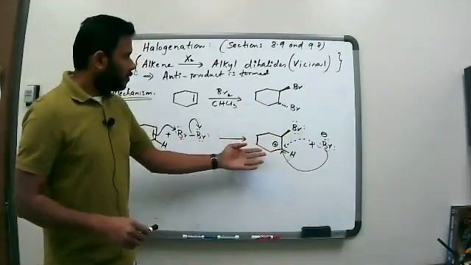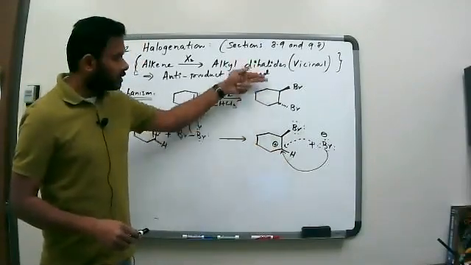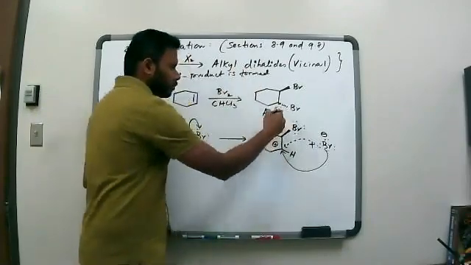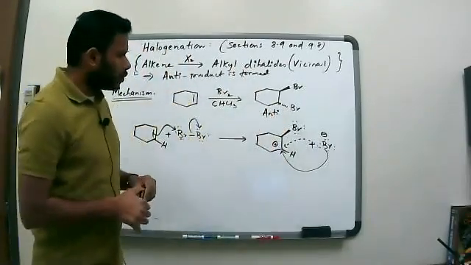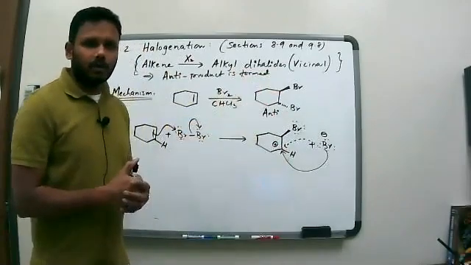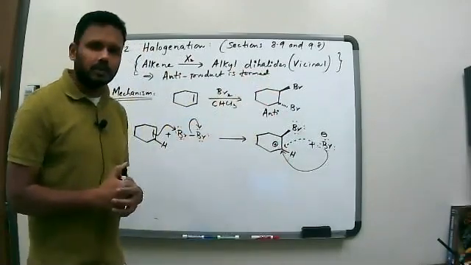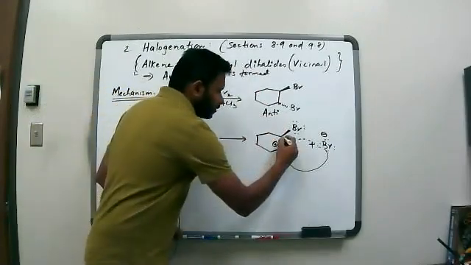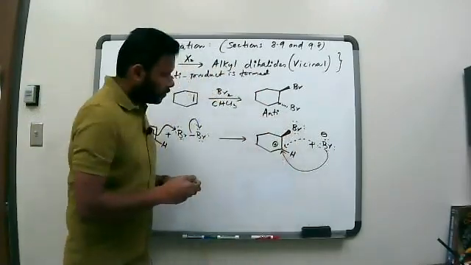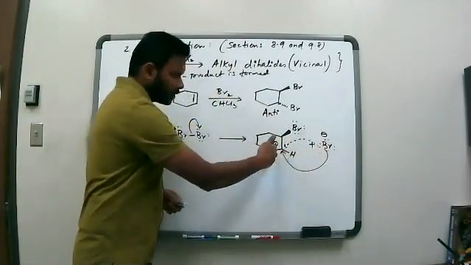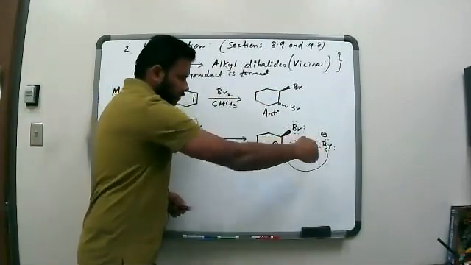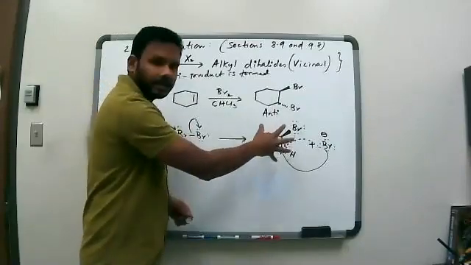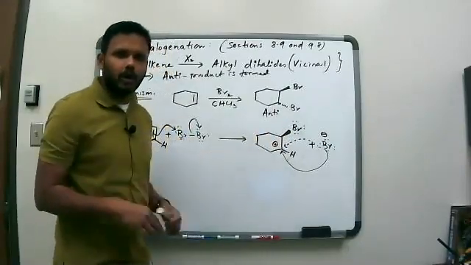And that means we should be getting both the syn and the anti-products. But what we get is only an anti-product. We don't get any of the syn products. That means in this particular case, somehow this front side attack, which would give us the syn product, is somehow prohibited, somehow blocked.